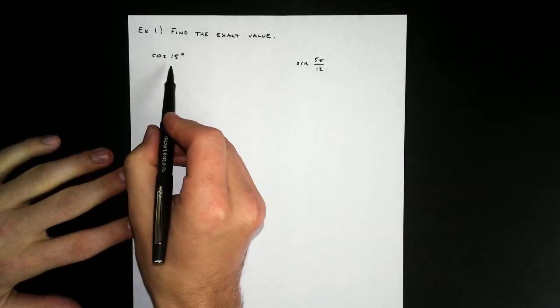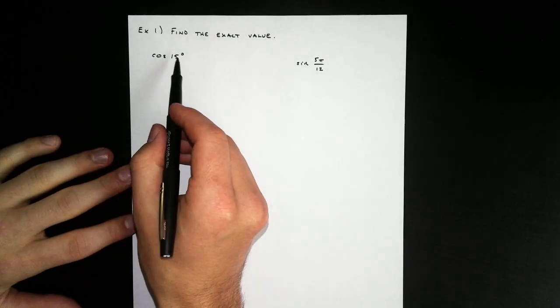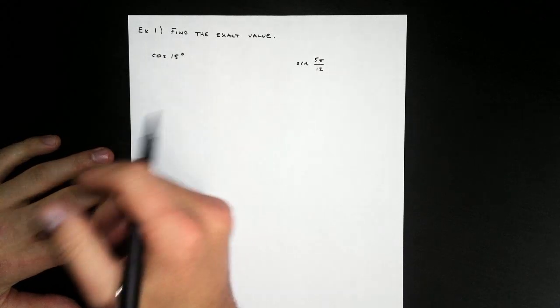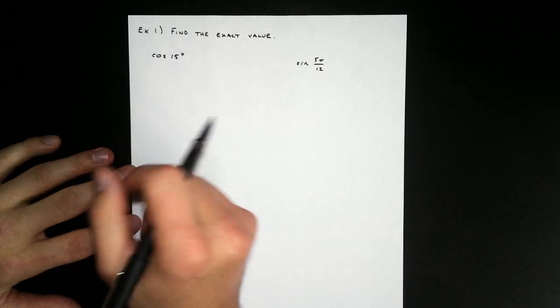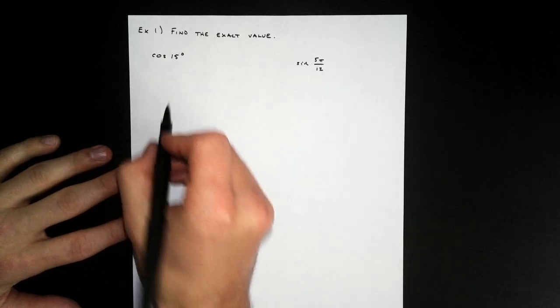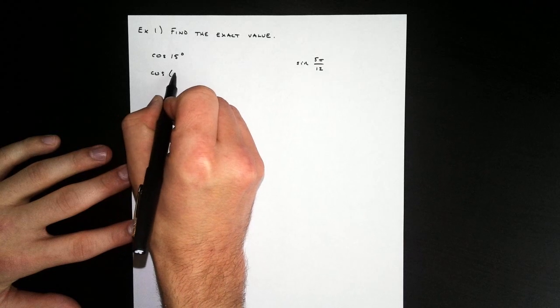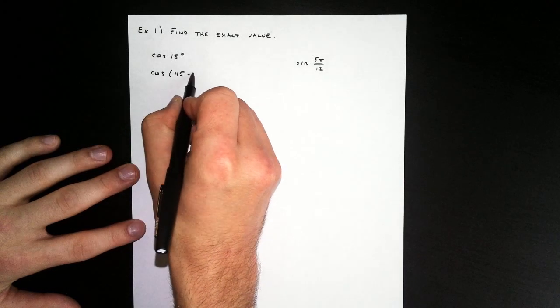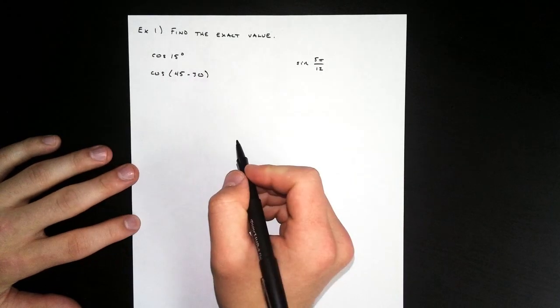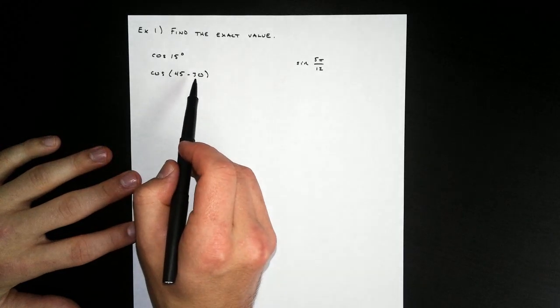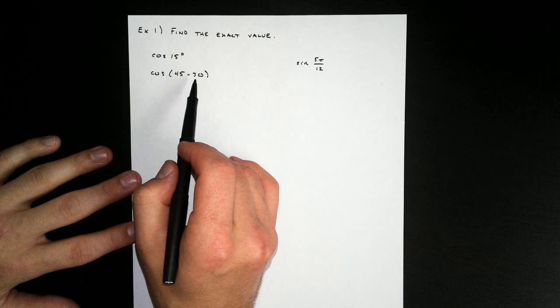Okay, starting with the cosine of 15. Knowing that I want to rewrite this in terms of angles that are either 30 or 45, the first one that comes to mind is that 15 degrees is the same as 45 minus 30. So using two angles that we know, I can write this as a difference.